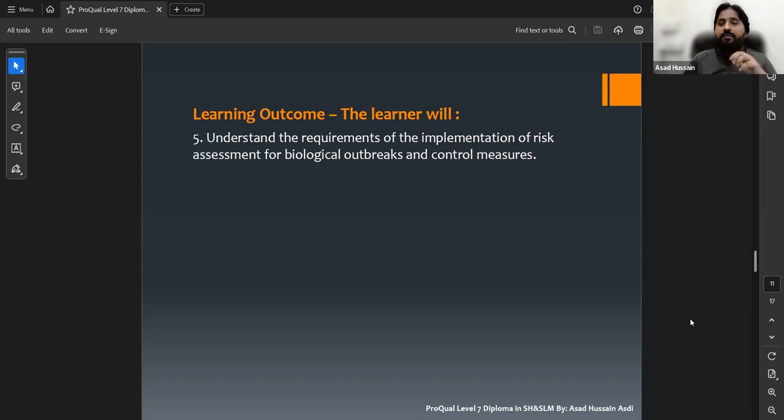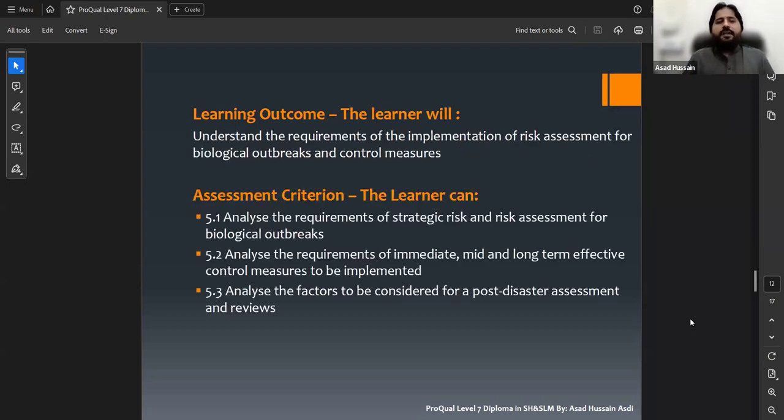This learning outcome will give you knowledge and make you able to understand the requirements of implementation of risk assessment specifically for biological outbreaks, and in case of those outbreaks, what control measures you can use, or what control measures you have to implement or apply, will be discussed in this learning outcome. We have three assessment criteria for this purpose.